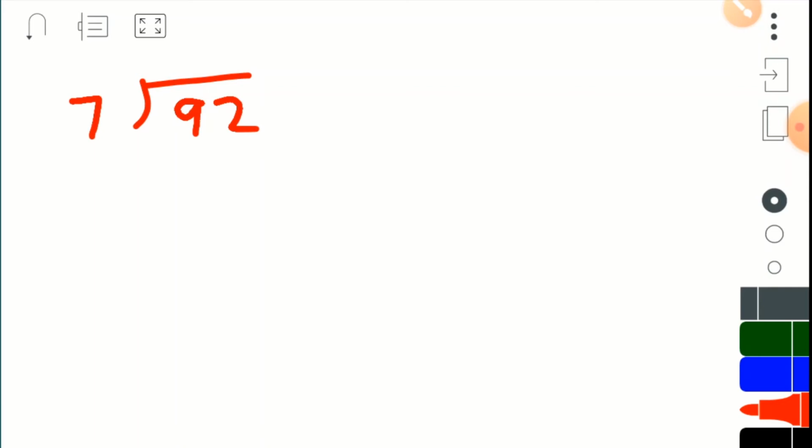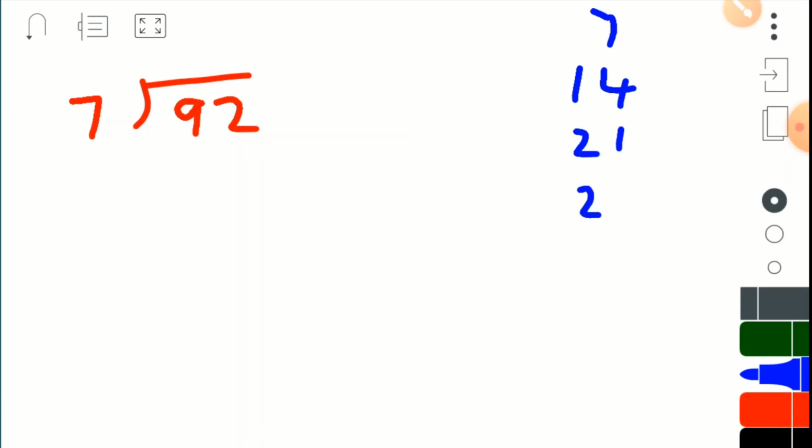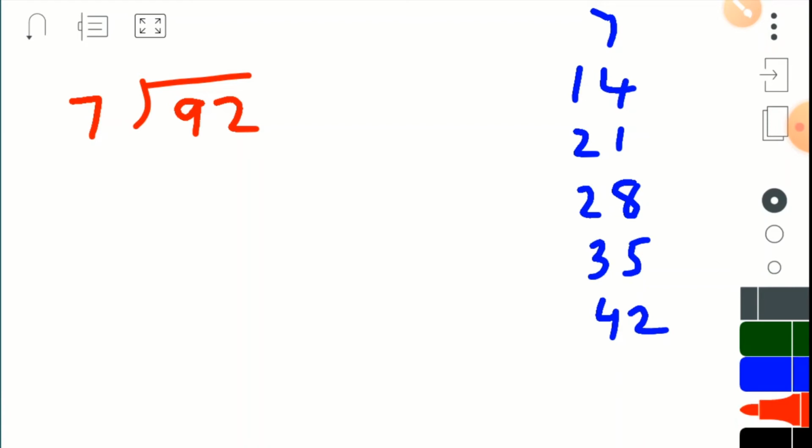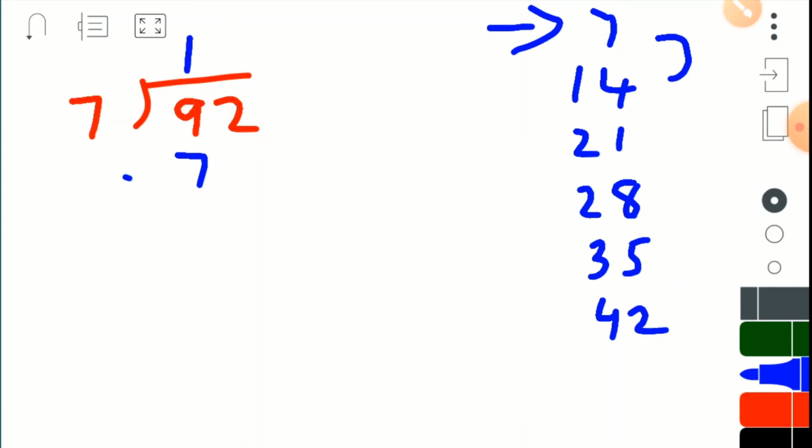92 divided by 7. Now here you will write the table of 7. 7 ones are 7, 7 2s are 14, 7 3s are 21, 7 4s are 28, 7 5s are 35, 7 6s are 42. Till 6 we will stop. Now let's solve this. 7 and 9. It comes between these numbers. We will take the smaller number. 7 ones are 7.